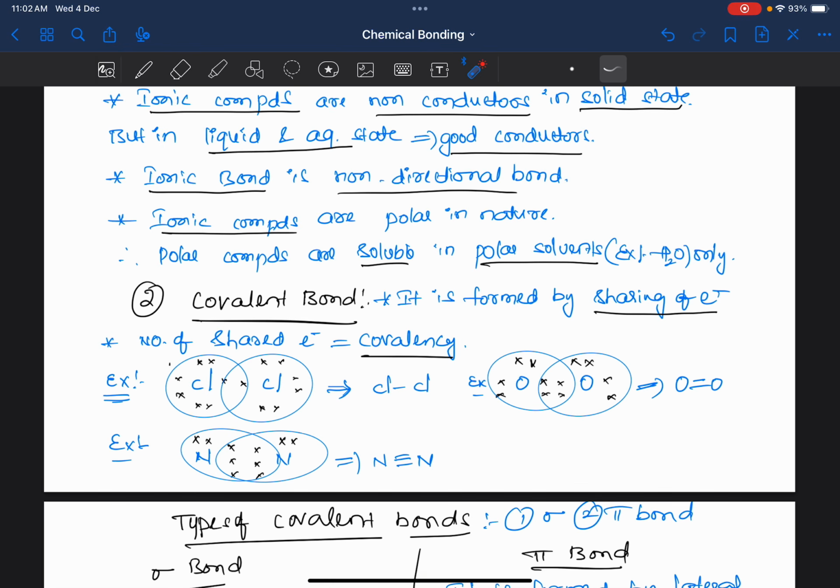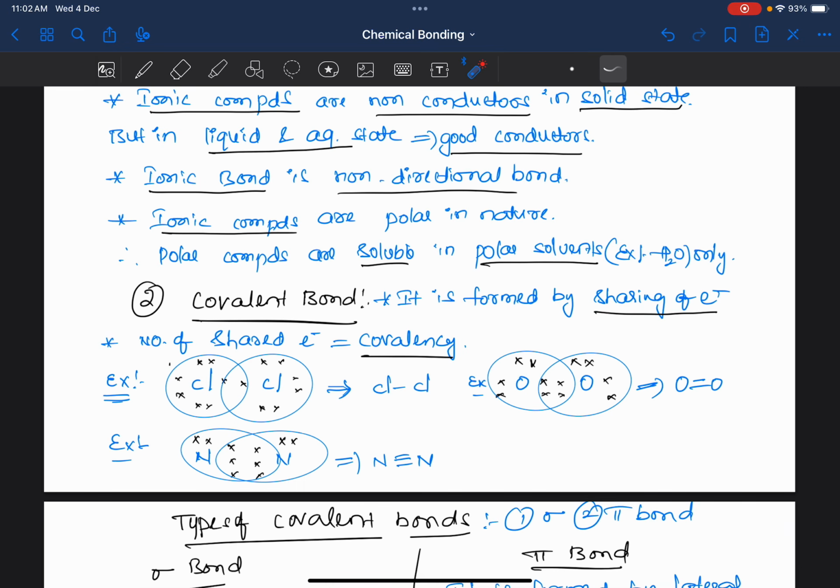Now the next topic is covalent bond. So the next type of bond is covalent bond. Covalent bond is formed by sharing of electrons. Why does that sharing of electrons take place? That is again for getting more stability only.